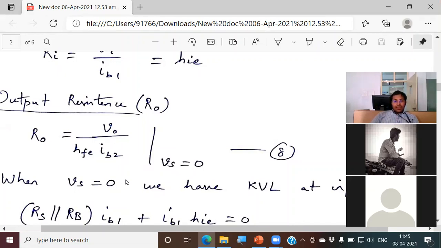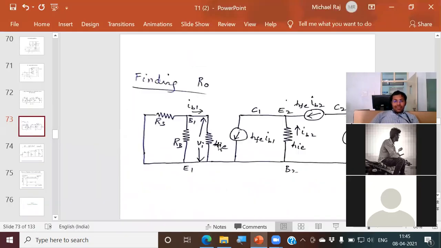First, if I want IB2, let me take KCL at E2. What is KCL at E2? Sum of currents entering is equal to sum of currents leaving. What is that?